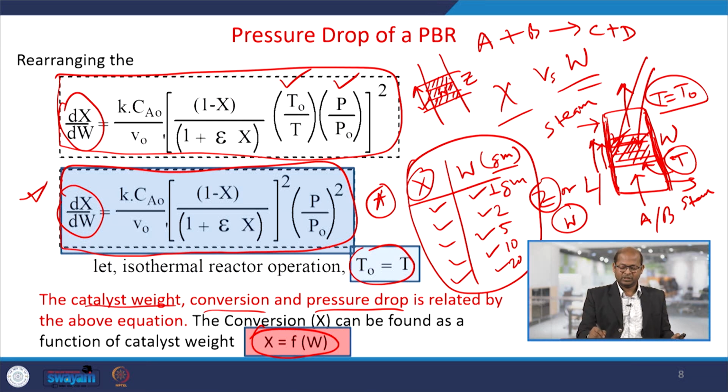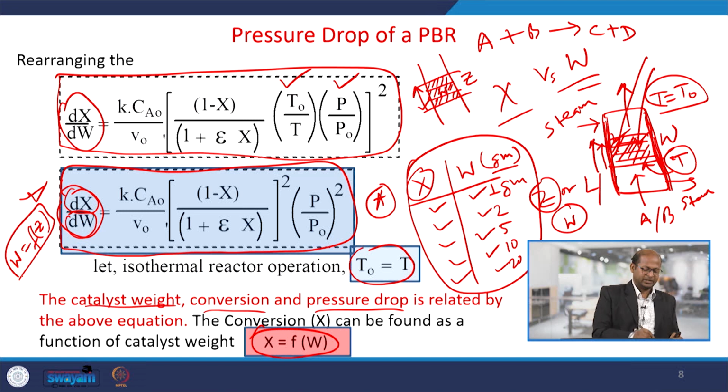So, how the total bed height or bed length and the total catalyst weight change together, is there any relationship or interconversion between dw and dx, and how they are related. In our next study we will discuss how w is a function of z, catalyst weight and bed length, and how they are related.